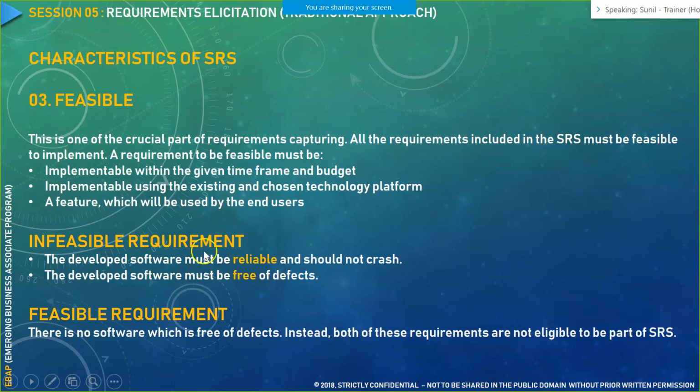You cannot develop a system under these circumstances. So there is no software which is free of defects. Both of these requirements are not eligible to be part of a system requirement specification. You never write such a statement or infeasible requirement in a system requirement specification.